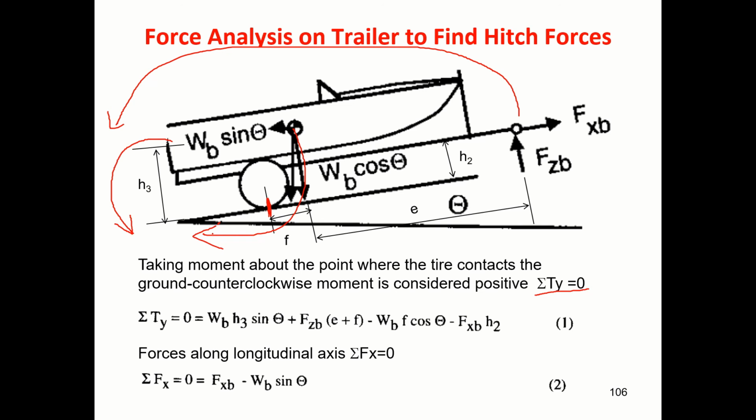Then what else is there? Here, FXB, this is at a height H2. So counterclockwise and clockwise moments I'm equating. Okay, fine. You'll get one equation. Forces only along the x direction means this force, the grade force, this is Fxp. So I'll get the forces along the x direction.